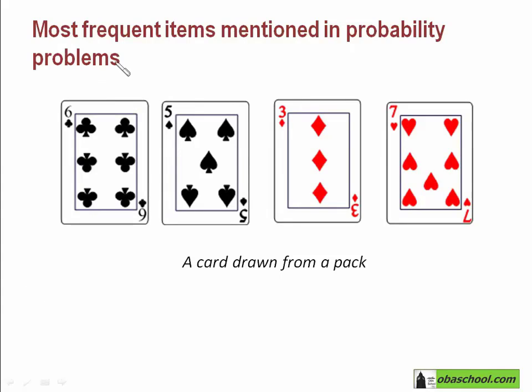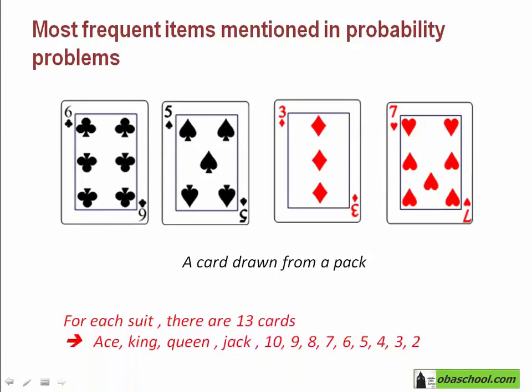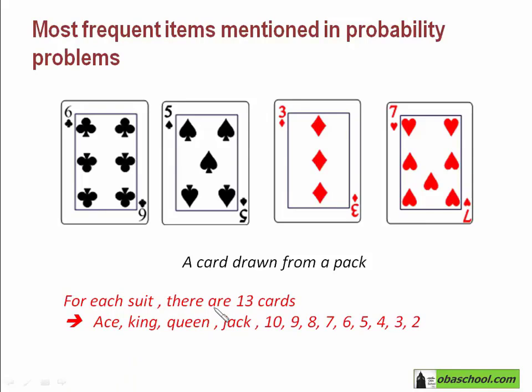The last example I will talk about concerns probability problems in playing cards. Notice that the playing cards are divided into 4 suites. They are the clubs, spades, diamonds, and hearts. Let's repeat. Playing cards are divided into 4 suites: clubs, spades, diamonds, and hearts.